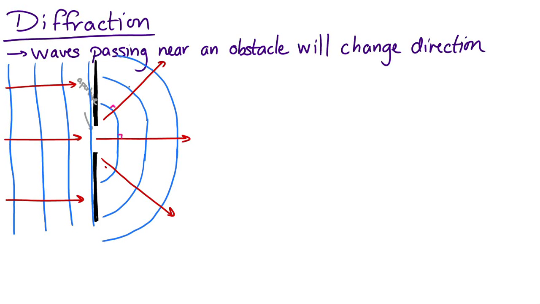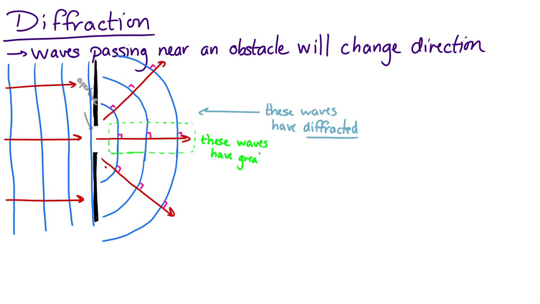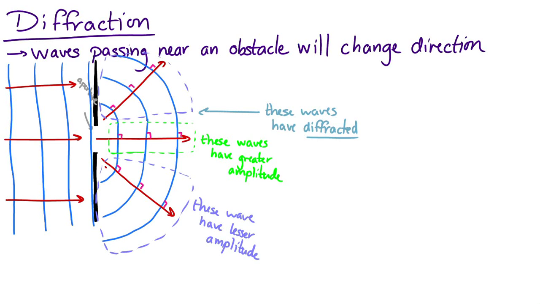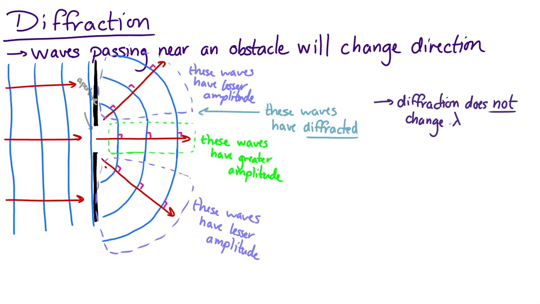The waves that have passed by the obstacle are said to be diffracted. And it turns out that the waves right here that are kind of moving straight through that opening or aperture, they will tend to have a higher amplitude. And the ones that have been diffracted more, these on the side, they will have weaker amplitudes. Now, there's no change in the wavelength when we talk about diffraction, just change in direction and amplitude.